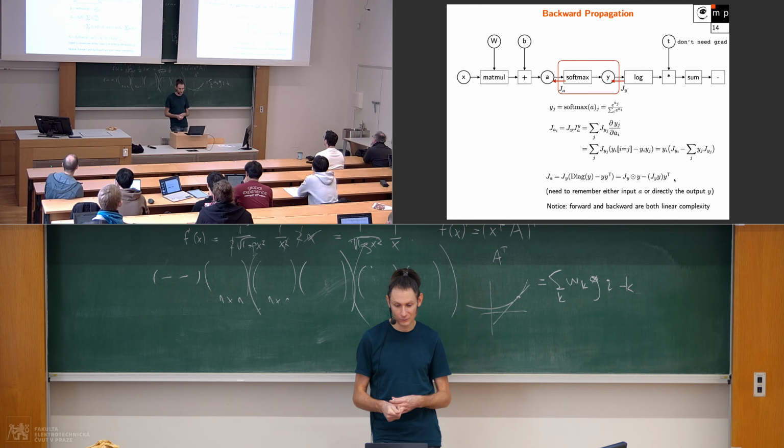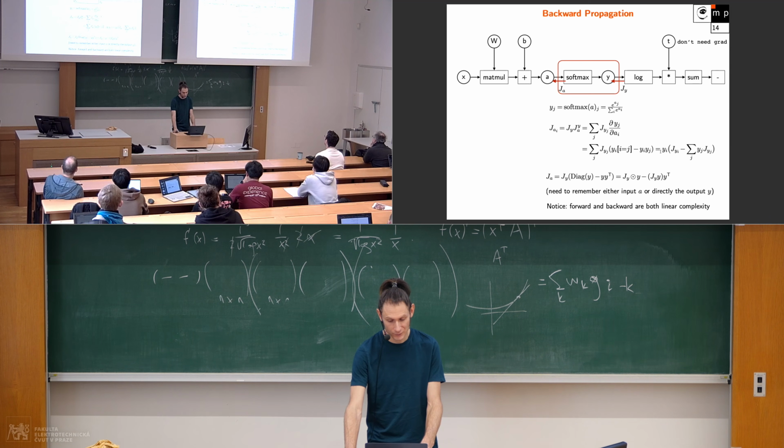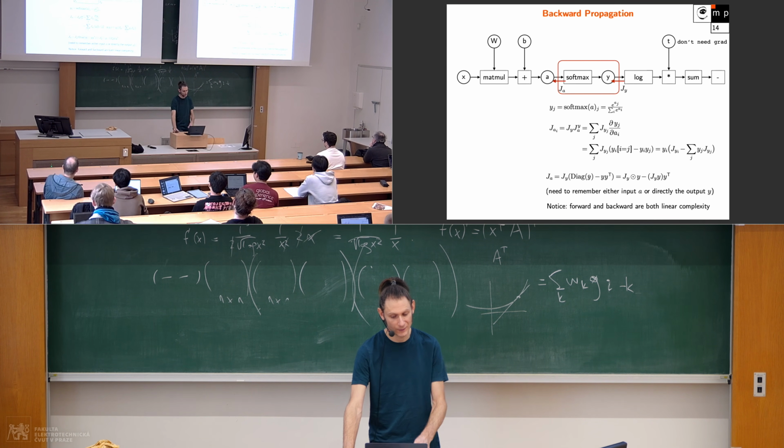Two quick comments about this. One comment is that here we clearly see that to compute this formula for the backward, the input to this formula is this j sub y, but the result of this formula depends on the vector of probabilities.